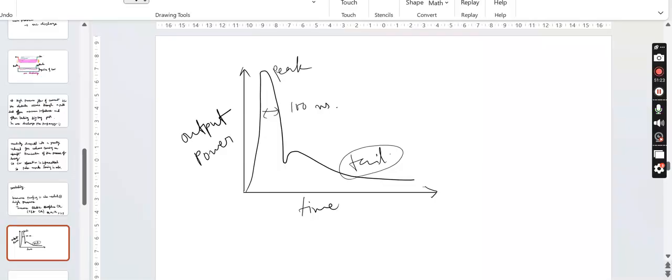To boost the output power, we need to expand the pulse first, then amplify it, then do the compression. That's the series. And we need a repetitive operation to scale up the average power.